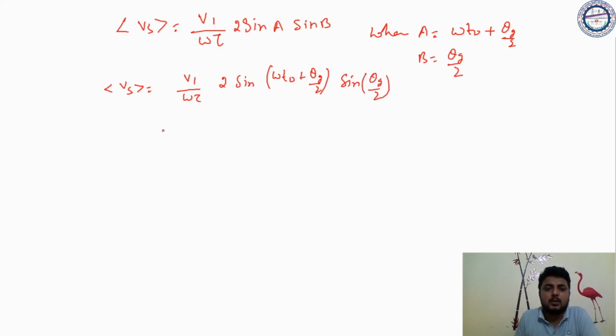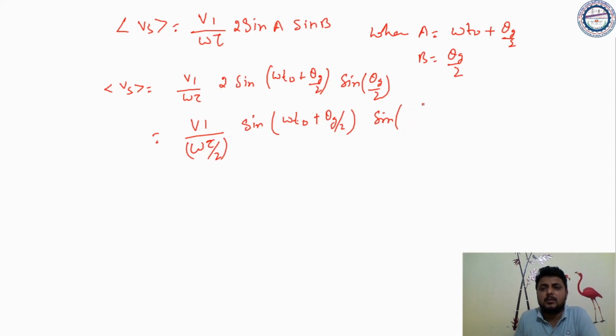So this can be written as V1 divided by omega tau, by 2, into sin omega t0 plus theta g by 2, into sin theta g by 2. We know theta g is nothing but omega d by v0; you substitute omega d by 2 v0.